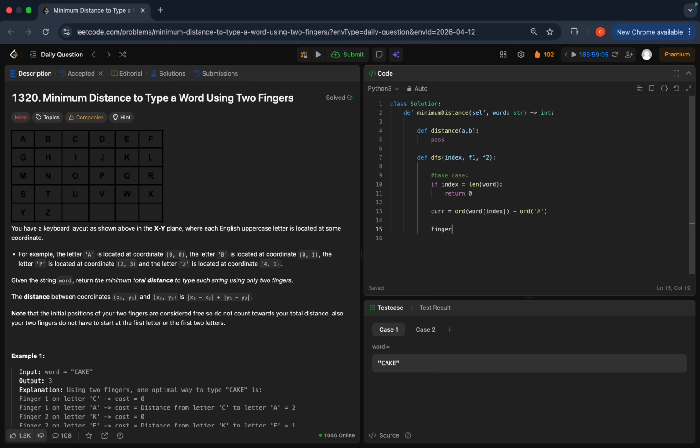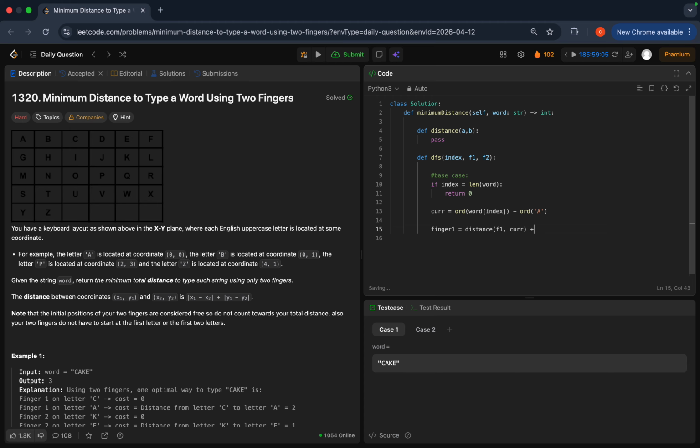So finger 1 is equal to distance, where we pass in the finger 1 and the current value, right?